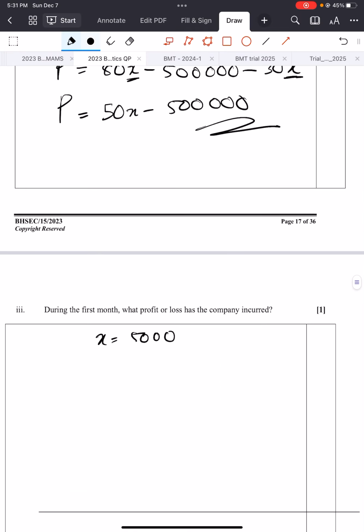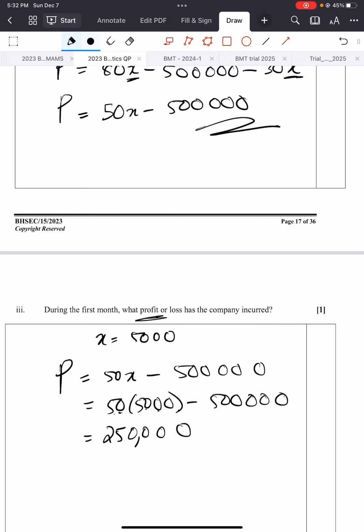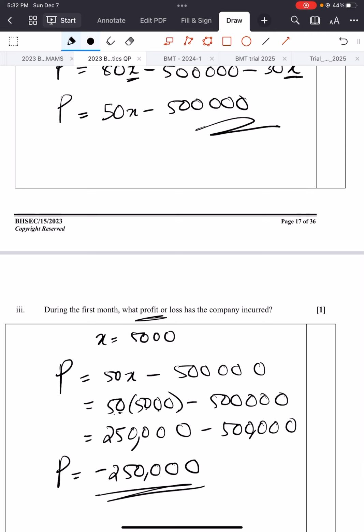The profit function is 50x minus 500,000, so x is 5,000, which gives 250,000 minus 500,000. Your profit is coming out as negative 250,000. Since profit is a negative value, they have incurred a loss.